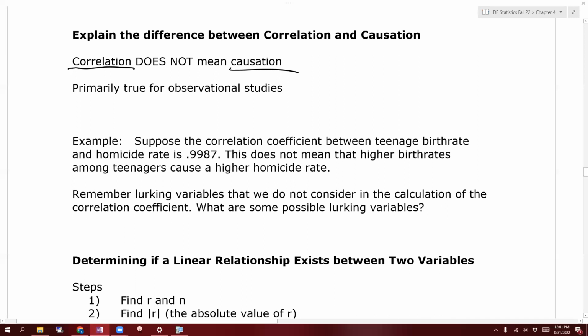Now, the other part doesn't necessarily have to do with temperature, but it has to do with the time of year and what happens during that time of year. So what time of year do we get higher temperatures? We get higher temperatures during the summer. So what happens at the summer that may increase crime? Summer vacation. So the lurking variable is the time of year.